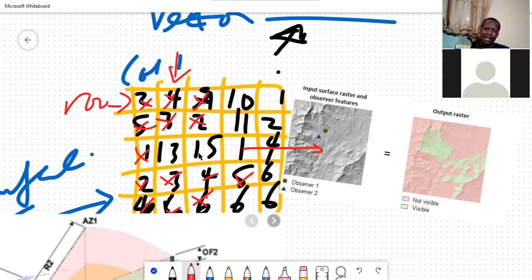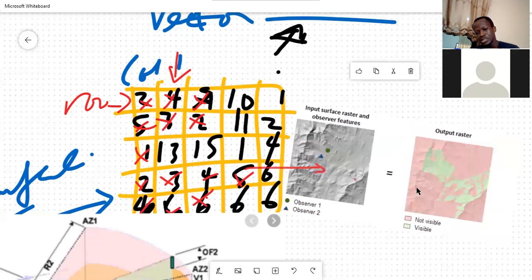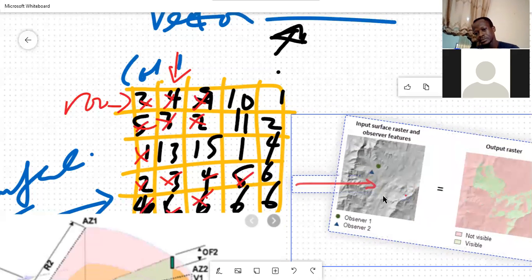Here on the left-hand side, I'm not showing you polygons. I'm showing you a raster model, but I'm just showing the concept in theory. In reality, what you get is what I'm showing you right now, this image.